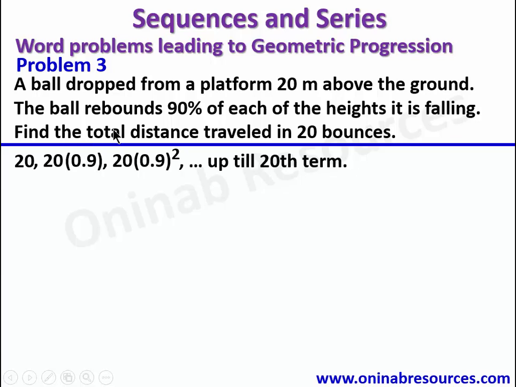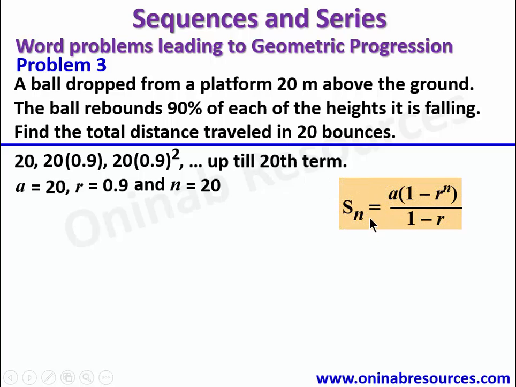So we are calculating the distance traveled in 20 bounces. So our first term here is going to be 20. Our common ratio is 0.9 and our n is 20. Here we are looking for S20. So still maintaining our Sn equal to A into 1 minus r raised to the power n over 1 minus r.